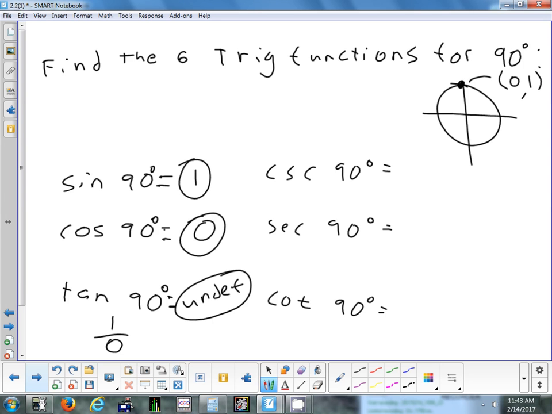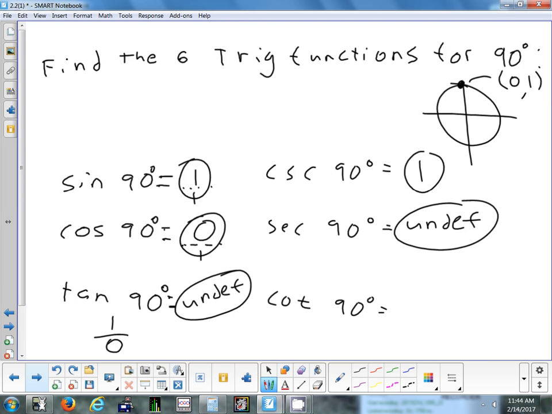Okay, let's see. How about cosecant of 90? 1. Remember, if you want to make it a fraction, you could always make it 1 over 1. Same thing here. You could make it 0 over 1. What do you get if you flip 0 over 1? You get 1 over 0, which we just said earlier is undefined.